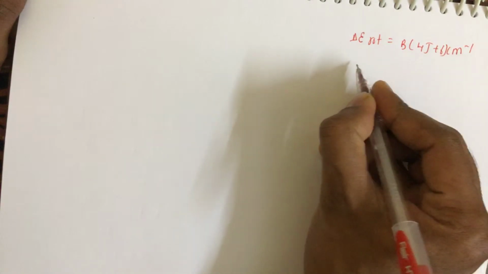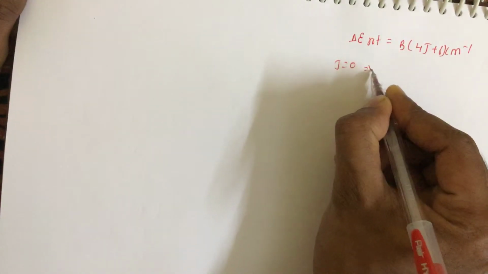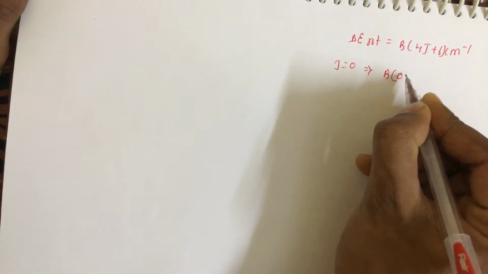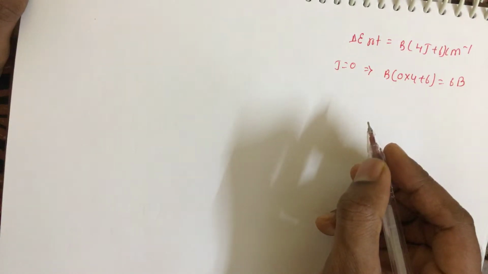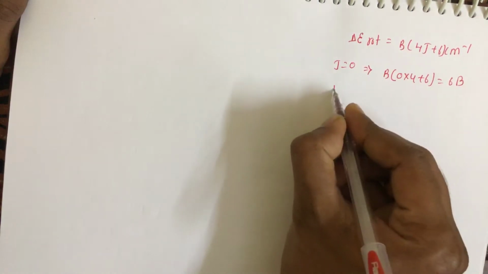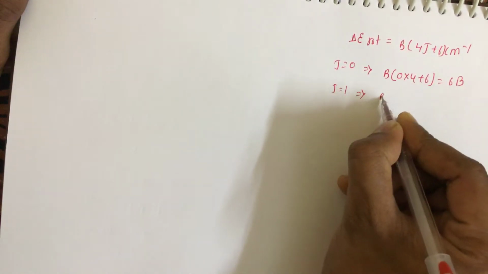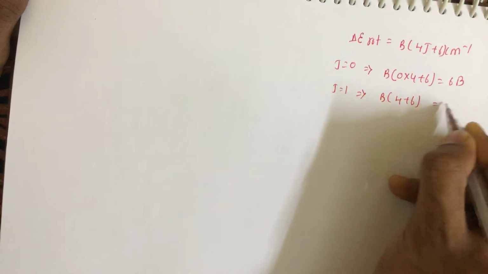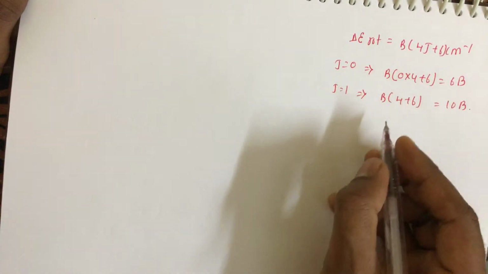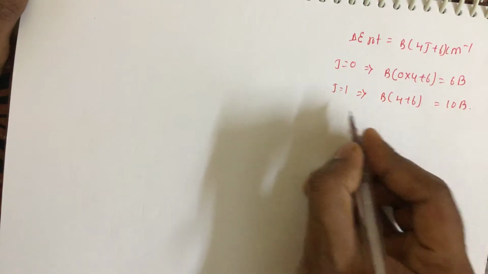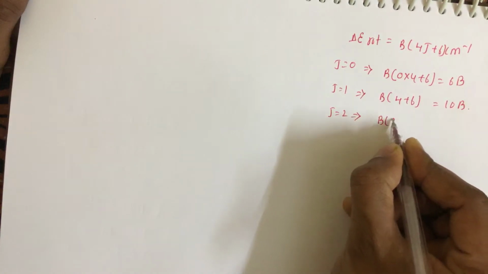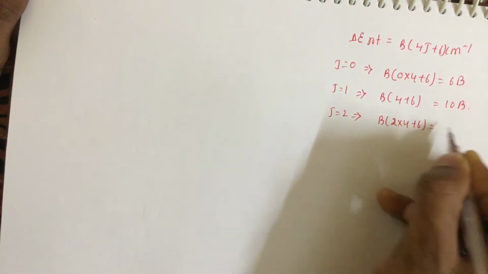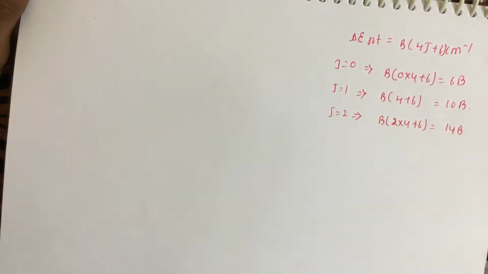If J equals 0, then it becomes B into 6, this will be 6B. When J equals 1, this will become 10B. Then when J equals 2, it will become B into (2 into 4 plus 6), 14B.